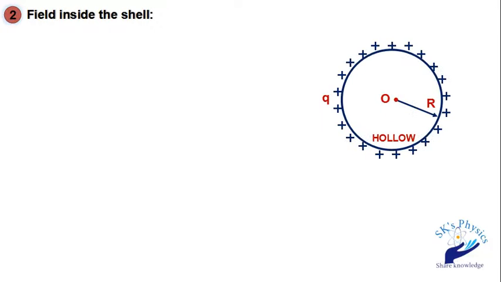Now for second case, field inside the shell. Consider a point P inside the shell with radius vector small r.